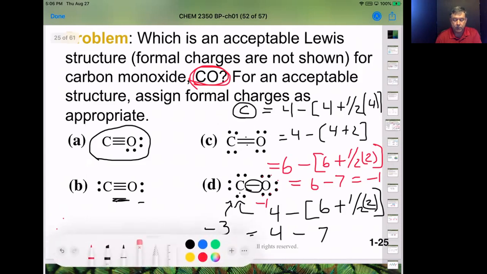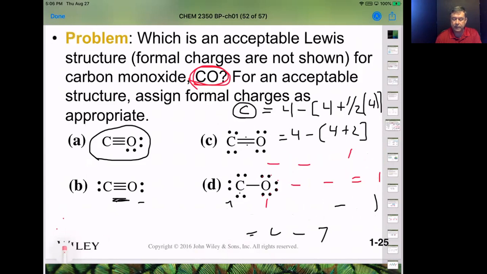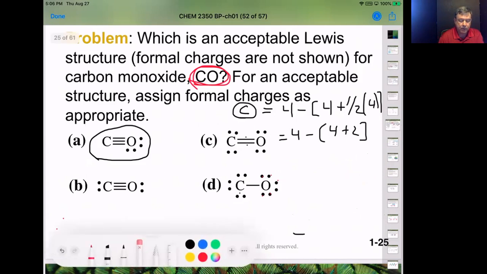If that can't be a good structure either because the math doesn't come out, let's calculate it for this one right here, and maybe it's going to work out to be the best Lewis dot structure we have. Again, we'll do the calculation pretty quickly.